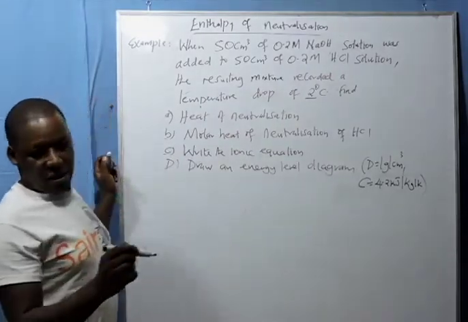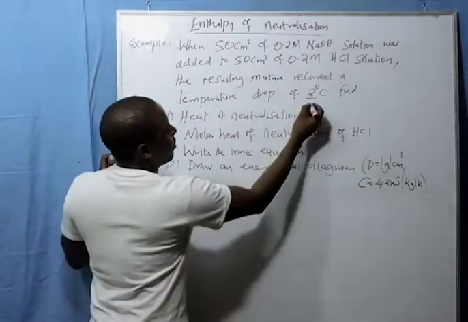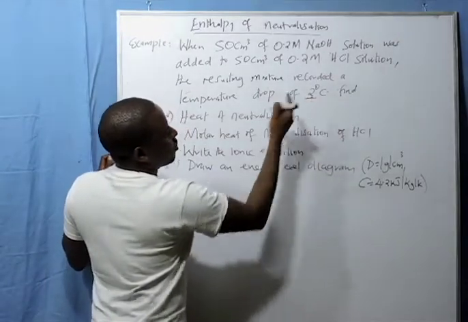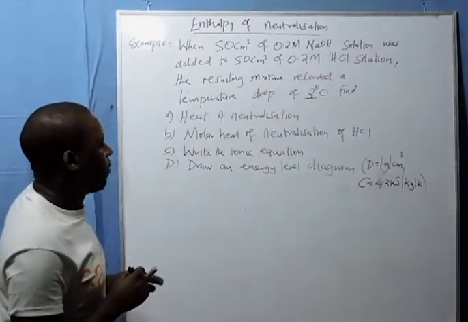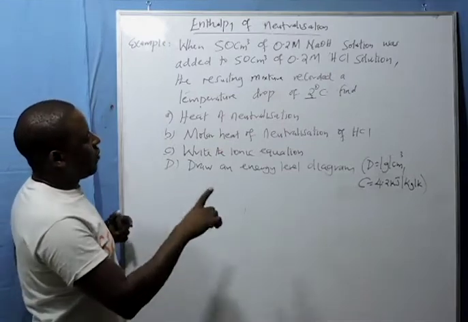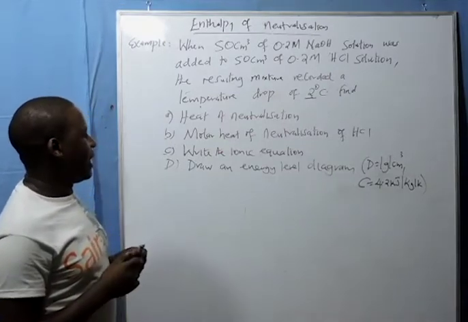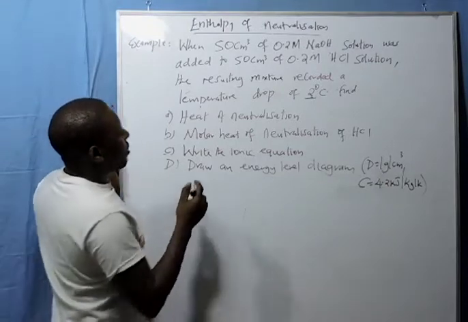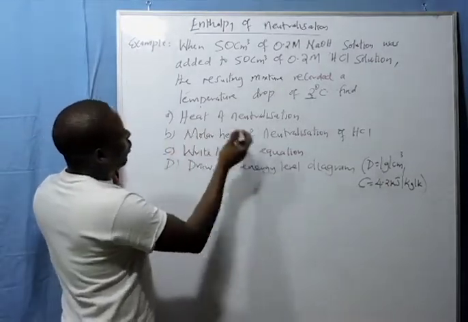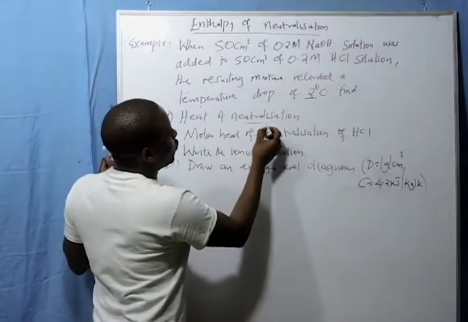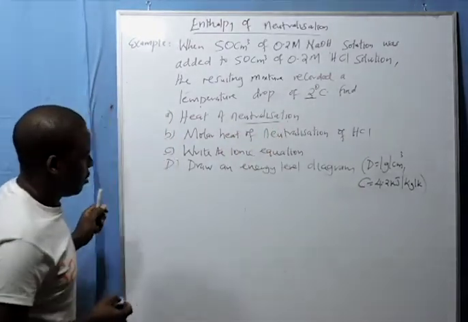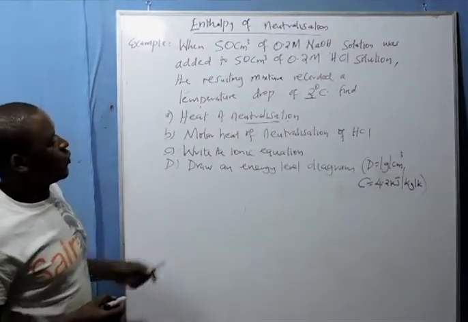The fact that there is a drop in temperature tells you this reaction is endothermic, and therefore every enthalpy you get must be given a positive sign. So the first thing we do is calculate the heat of neutralization.